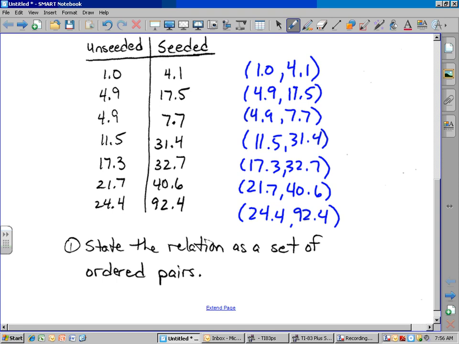So pretty straightforward. Taking sets of data, turning them into ordered pairs. Any questions on that? Okay, I'm going to go to the next page.